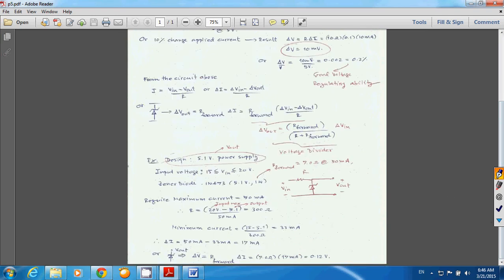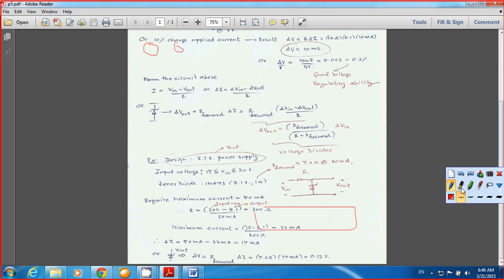Now take a look at the design example. If you want to design a 5.1 volt power supply, where you want V out to be 5.1 volt, and you have an input voltage in the range of 15 volt to 20 volt, and if I use the Zener diode 1N473, which has a spec of 5.1 volt, 1 watt, and also comes with R forward of 7.0 ohms at 50 milliamps.